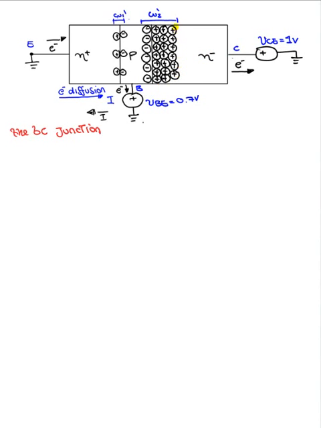What that's doing is basically reverse biasing this diode right here, or you can also think of it as widening the depletion region. So let's write that down. And we know from our previous lectures that what that's going to generate is a huge electric field pointing from the collector to the base.